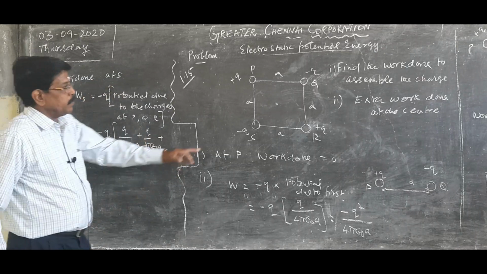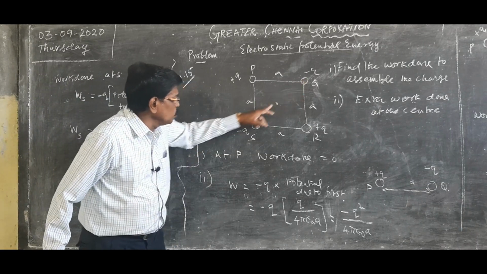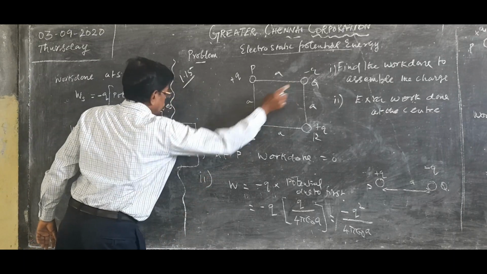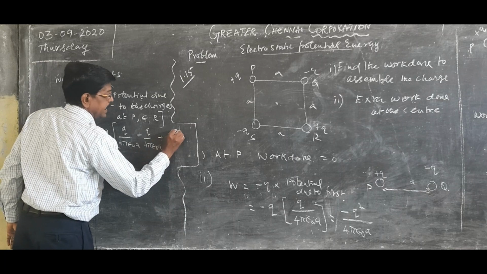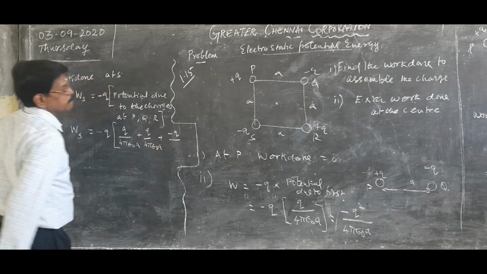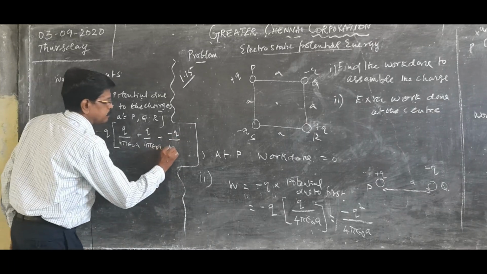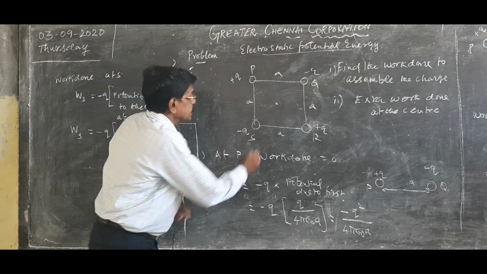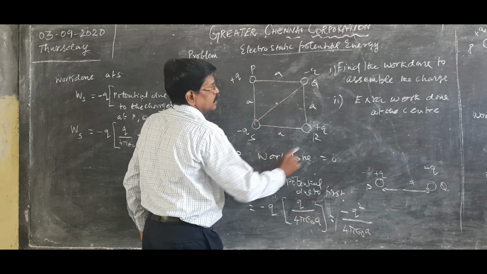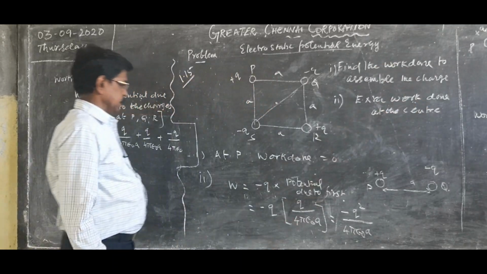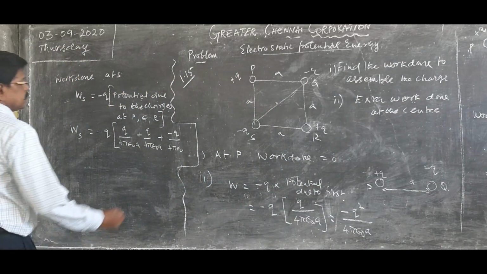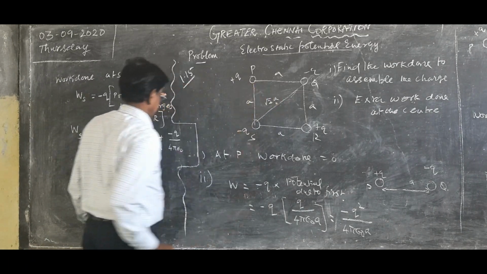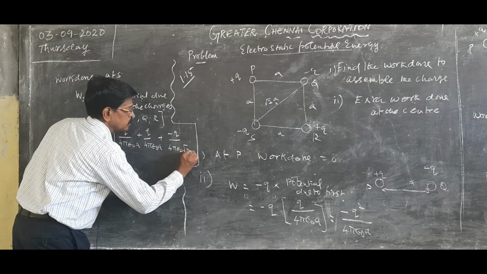Plus the potential acting on this charge due to this minus Q: minus Q by 4 pi epsilon naught, and this distance, like in the third case, is root 2 times A.